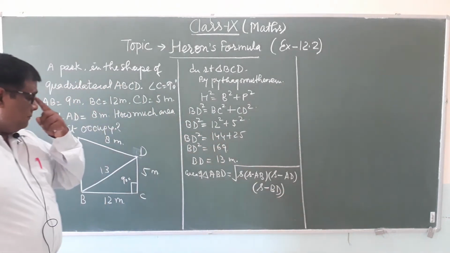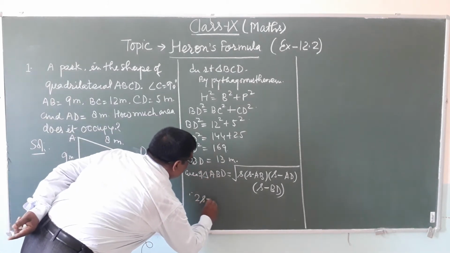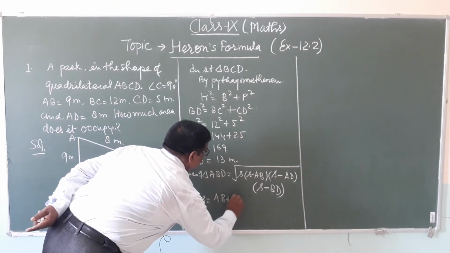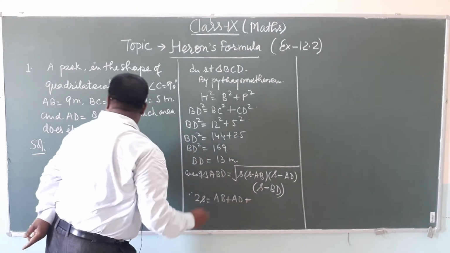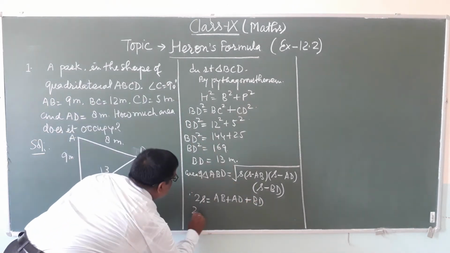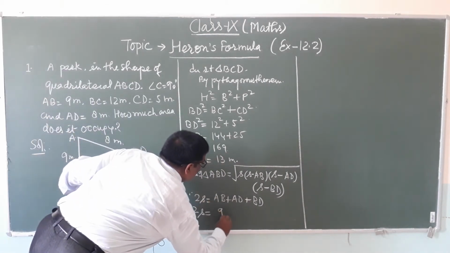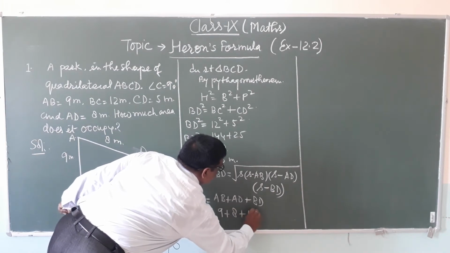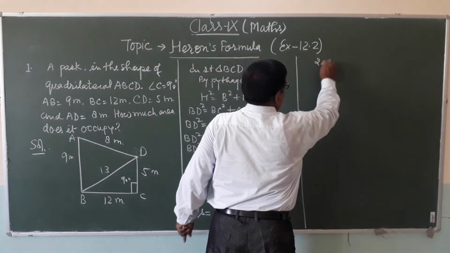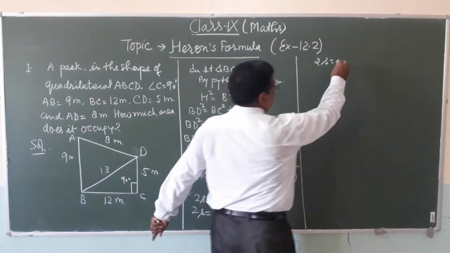Now first of all we have to find S. Since 2S is equal to AB plus AD plus BD, so 2S is equal to 9 plus 8 plus 13, that is 17 plus 13, that is 30.